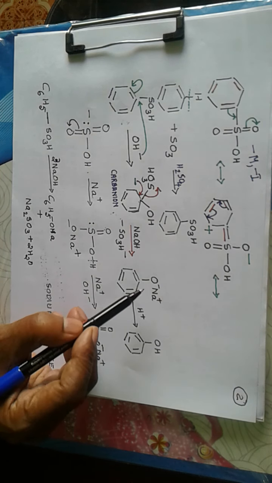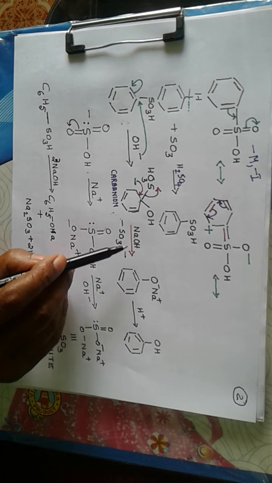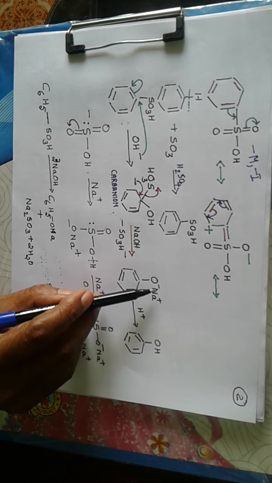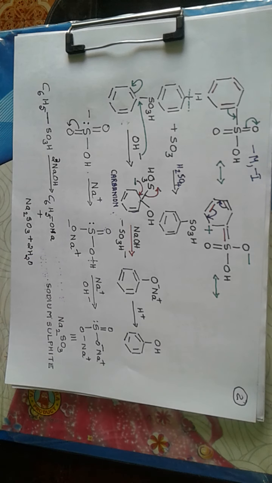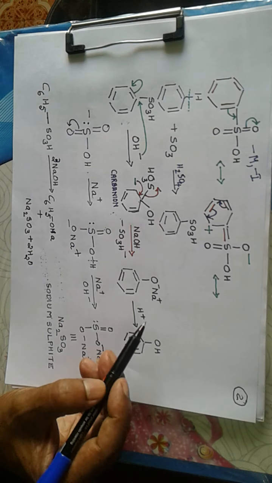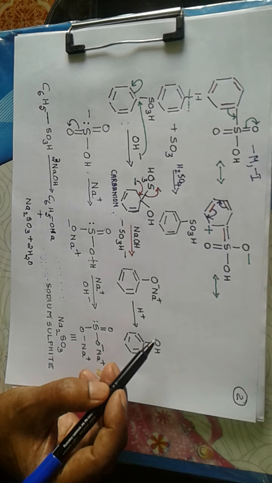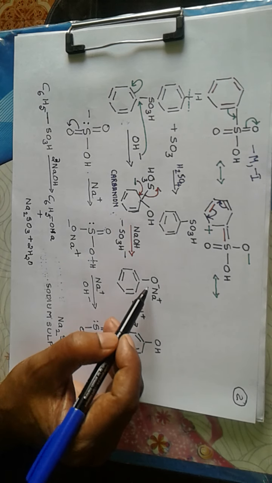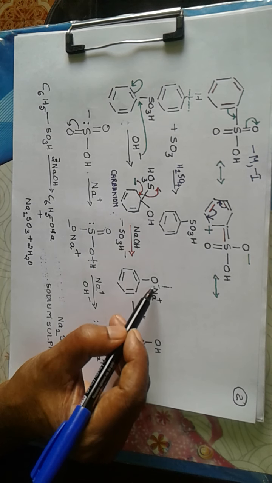Then we get OH here, and I told you earlier that phenol is acidic, so it will react with a base producing its salt, O negative Na positive, so that H and OH combine to form water. And then addition of a stronger acid, hydrochloric acid, will dissociate this into free phenol and the corresponding salt.